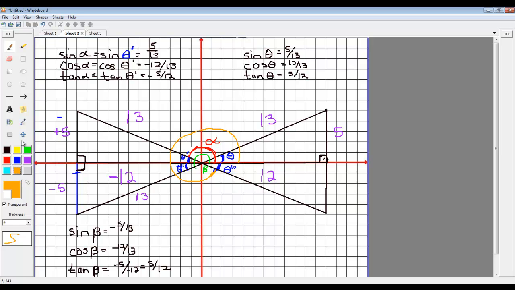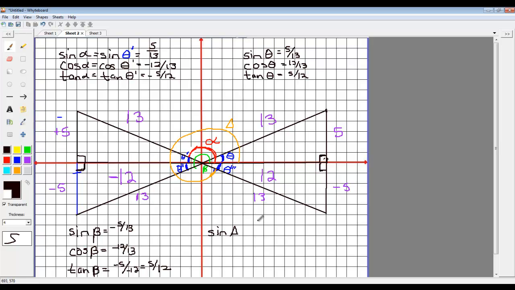Okay, and another reference triangle. This angle here is a right angle. So in this case, x is positive, y is negative, and the hypotenuse is still 13. So let's call that angle something like delta. I'm running out of imagination here.